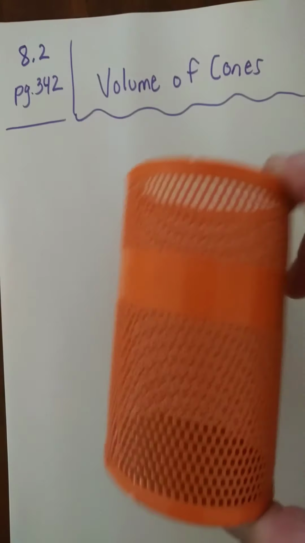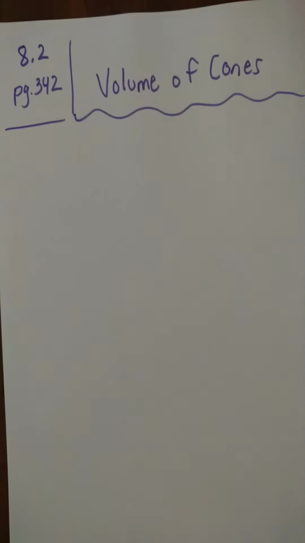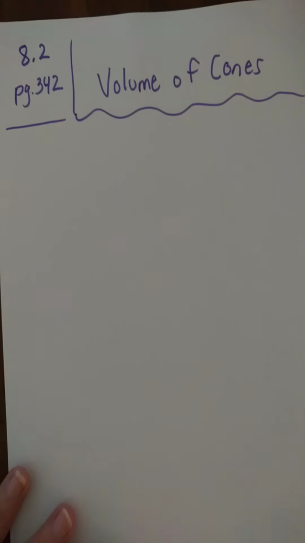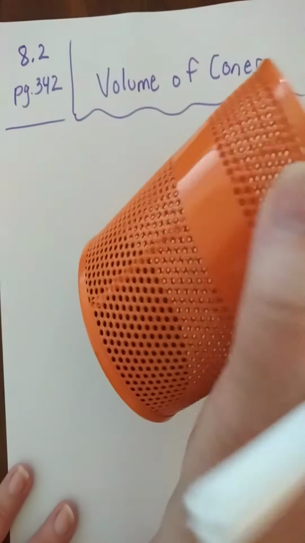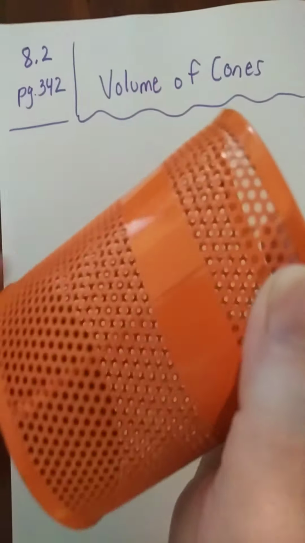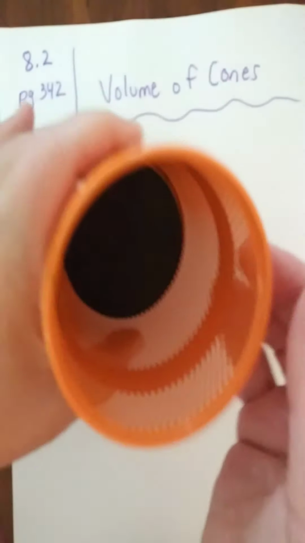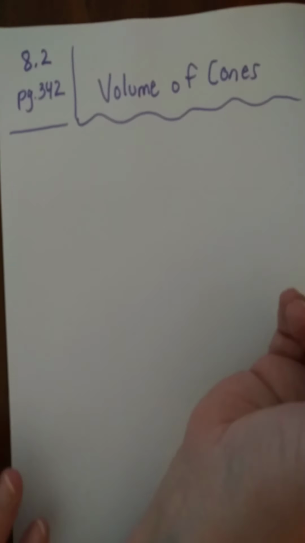Does anybody know how much less? It's 1/3 less. That's because 3 cones would fit inside the cylinder. So I could take my cone and fill it up 3 times to fit in the cylinder. Now remember, that means that your height is the same and the circle diameter is the same, or radius, okay?